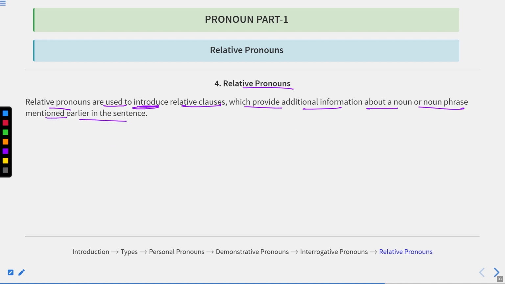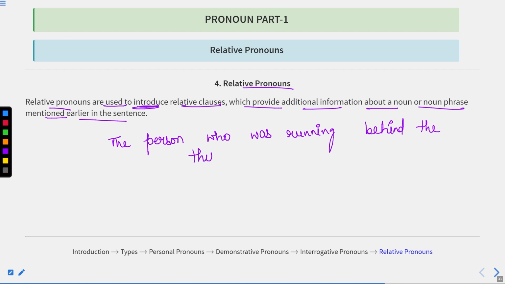It means if I say, the person who was running behind the thief is a police officer.